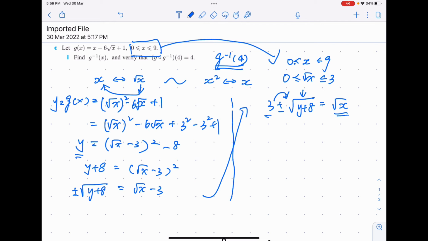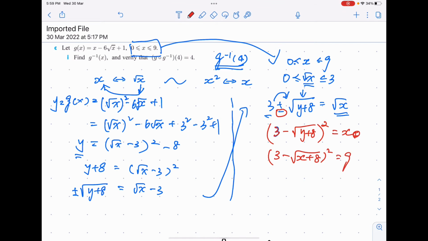Since the largest number square root of x can attain is 3, we know that we should take this one here. Make it 3 minus square root of y plus 8, squared, which will then equal x, which if we change the variables here, right, that's our inverse function.